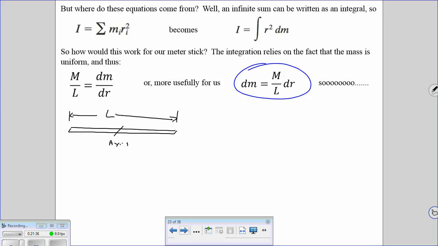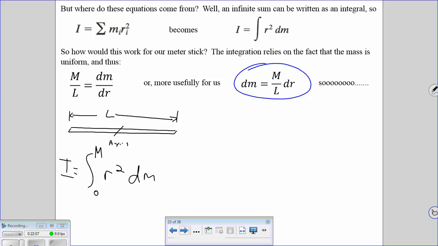To calculate the rotational inertia, I'm going to do this infinite sum. I'm going to integrate r squared with respect to the mass. Good? All right, so here we go, some calculus. I is the integral of r squared with respect to the mass. At this point, my integral is going from 0 mass until I get to the total mass.